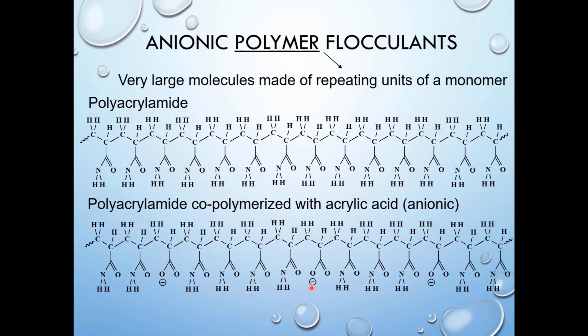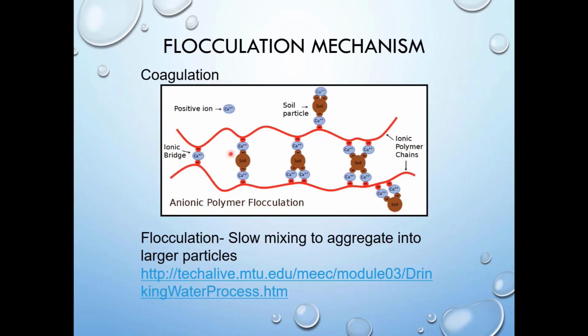And we learned last week about charged ions, right? So you have this polymer which has lots and lots of negatively charged sites on it. Once you dump this polymer into some water that contains, oh, I don't know, metal cations, they tend to attract calcium at those negative sites.